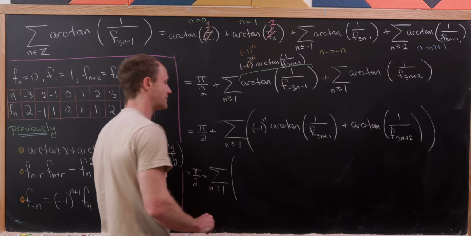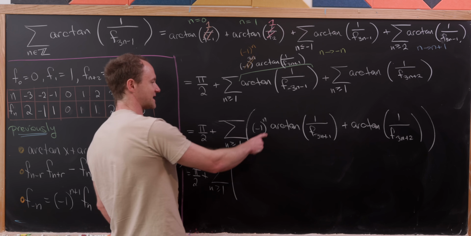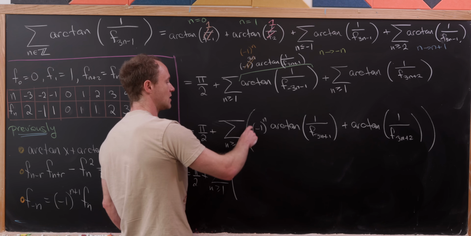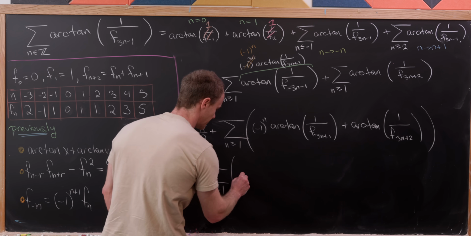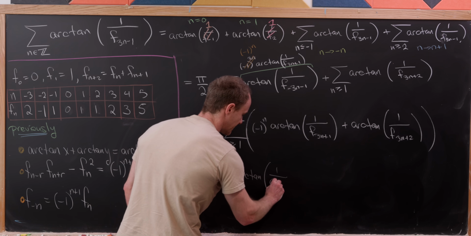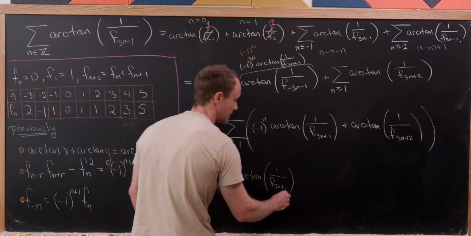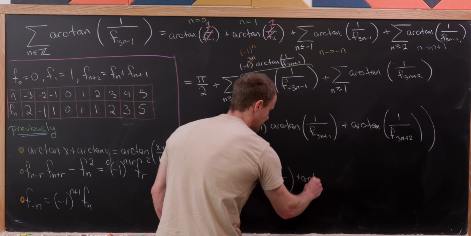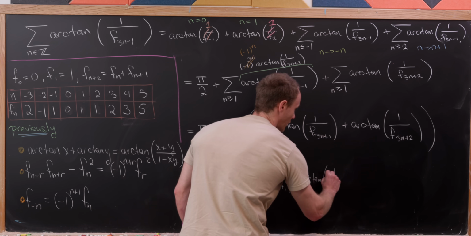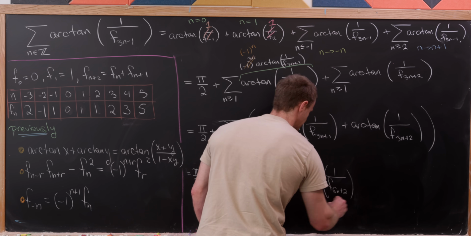And then let's do my even terms first. All the n's are going to be replaced with 2n's. Of course, that means that this term right here will always be positive 1. And here we're going to have the inverse tangent of 1 over f sub 6n plus 1, and then plus the inverse tangent of 1 over f sub 6n plus 2.